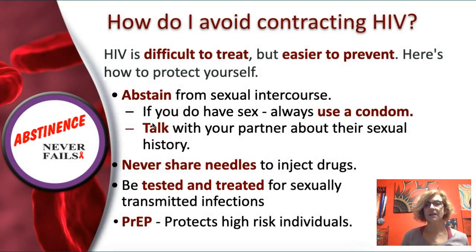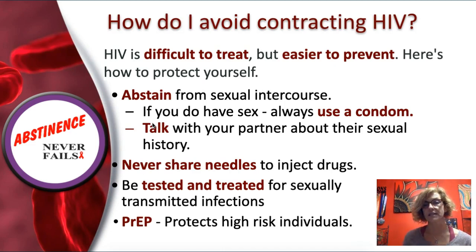In yesterday's discussion, we talked about how some infections make you more susceptible to HIV. So if you have another STI, get treated before having any more sex. There's also PEP. PEP is a post-exposure prophylactic, and you can take that if you suspect you have had exposure.